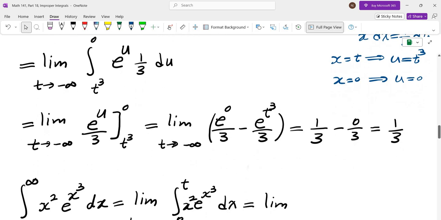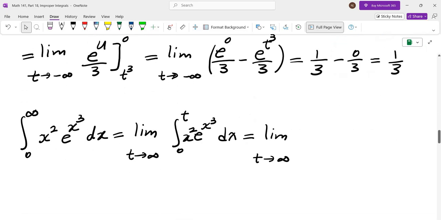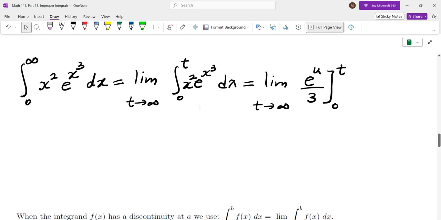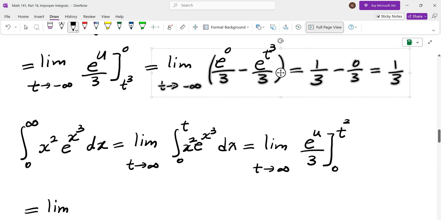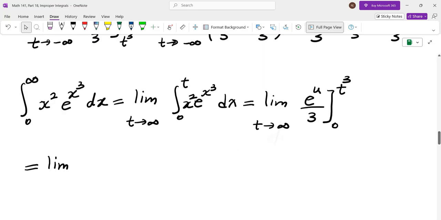We evaluated this integral as 1/3 of e to the u, but the limits of integration are 0 to t cubed this time, because when x is 0, x cubed is 0, and when x is t, x cubed is t cubed.